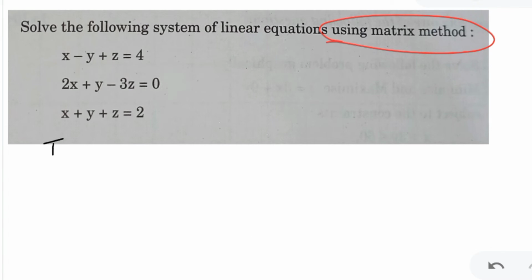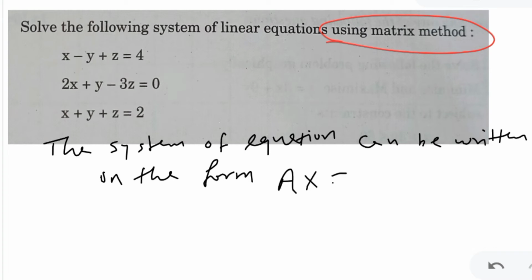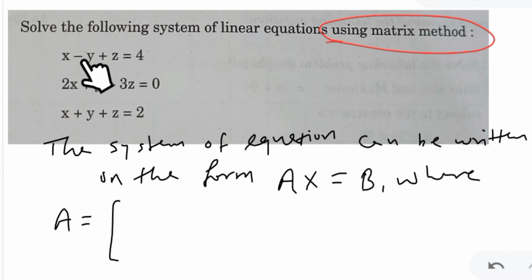You will write: the system of given equations can be written in the form AX = B, where A is a matrix of the coefficients of x, y, z, that is 1, minus 1, 1.